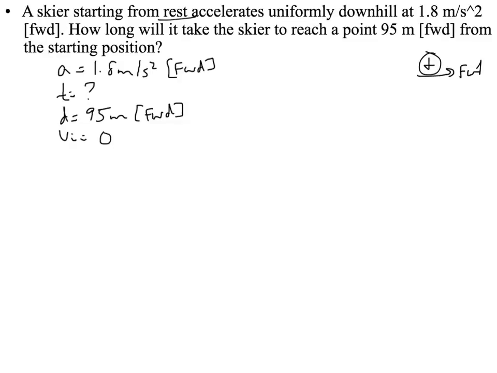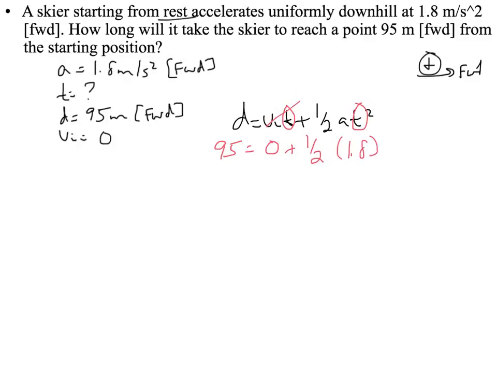As always, we need to figure out our equation, so let's use D equals VIT plus 1/2 AT squared. Now, what we're looking for is T. Now, this question would be quite difficult if VI wasn't equal to 0, but thankfully it is. So let's put the numbers in. 95 equals 0, so we don't need to worry about that part of the equation at all. Plus 1/2. A is 1.8, and of course T is our question.